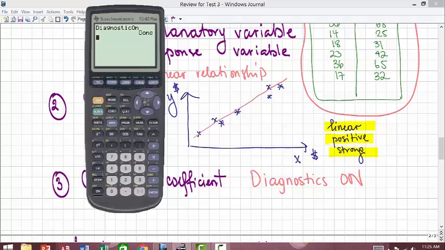So I'm going to go to stat, linear regression command 4, L1, the independent variable first, L2, the dependent variable second, enter, and my R is actually really big, right? It's relatively close to 1, so let's call it 0.994.